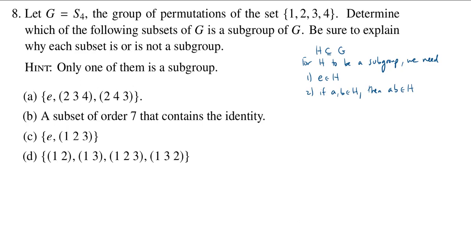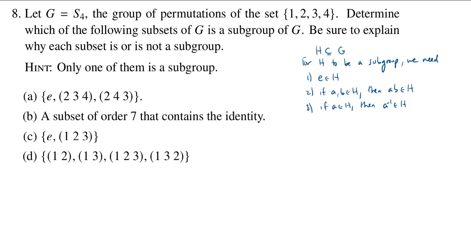In this case, that would be composition. And 3, if a is in H, then a inverse has to be in H, so the subset has to be closed under inversion. If you're trying to rule out whether a subset is a subgroup, it's really good to look at these and say, maybe I can toss something out for that.